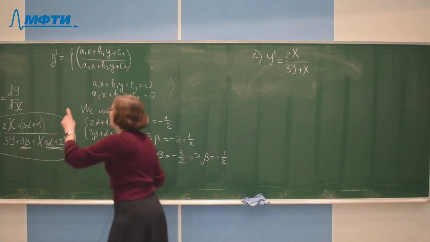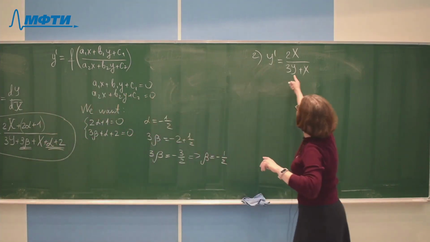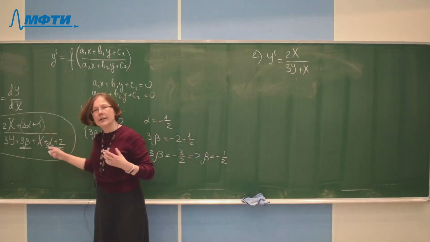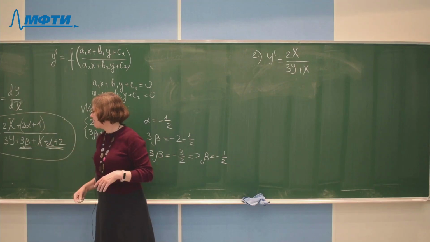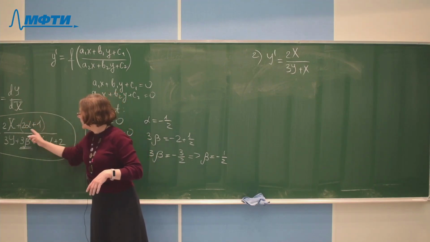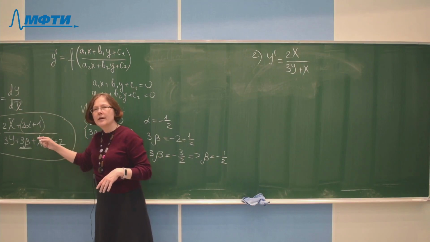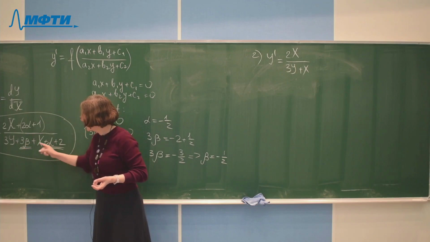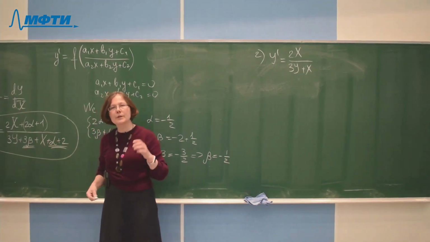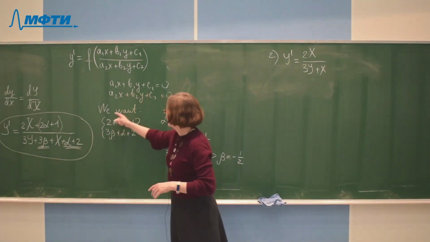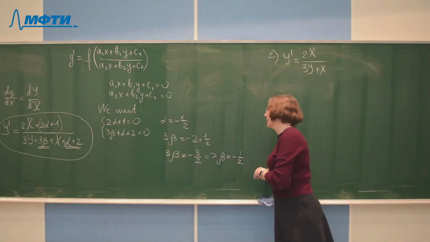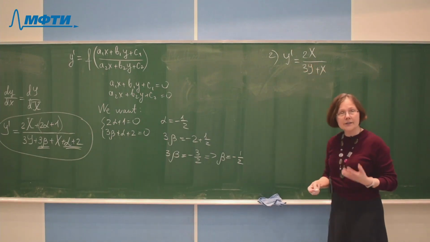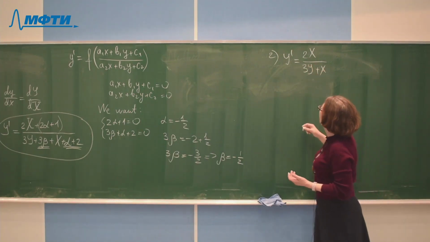We have substituted this, and we were looking for the parameters alpha and beta so that this constant term is equal to 0, and this constant term also should be equal to 0. 3 beta plus alpha plus 2 should be equal to 0. I have solved this system of linear equations, and this is the resulting function and the resulting differential equation.